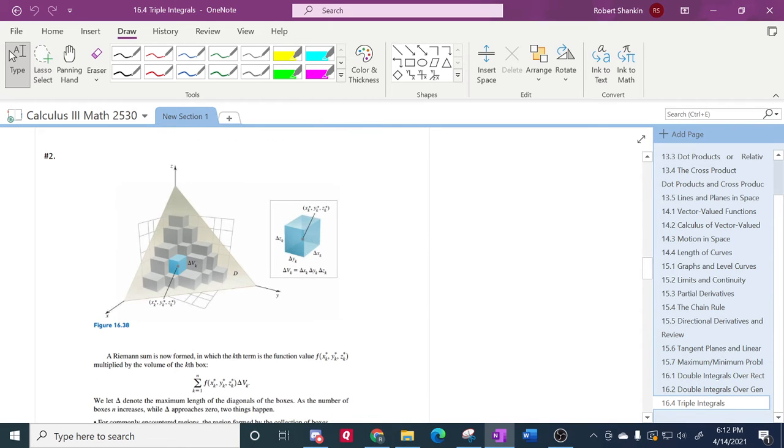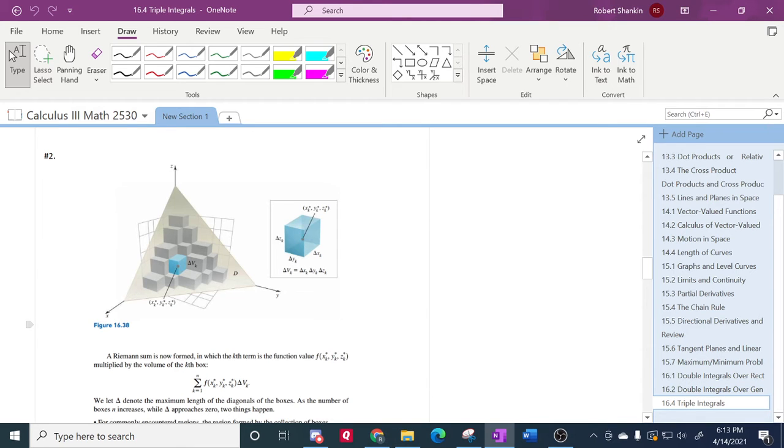So, in the double integrals, the domain was some portion of the xy plane, and then we had a surface above it. In a triple integral, the domain is everything in the x, y, z 3 space, and then these are parts of the domain.